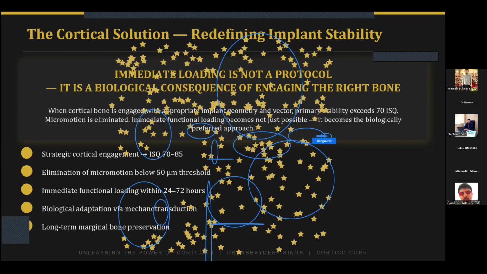This tends to end up with osteoadaptation. The bone adapts around the threads of the implant that are engaged in the cortical bone. That osteoadaptation allows the secondary stability to come for the longer health of the implant.